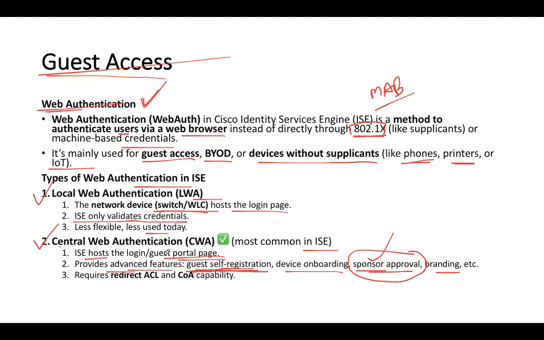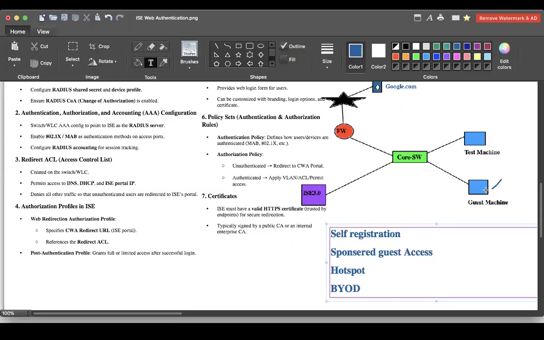Now, by default, when a guest connects to the network, the guest cannot access anything. They cannot access the internet or communicate with other machines. Everything is blocked. This is where an access list has to be created for that guest user.